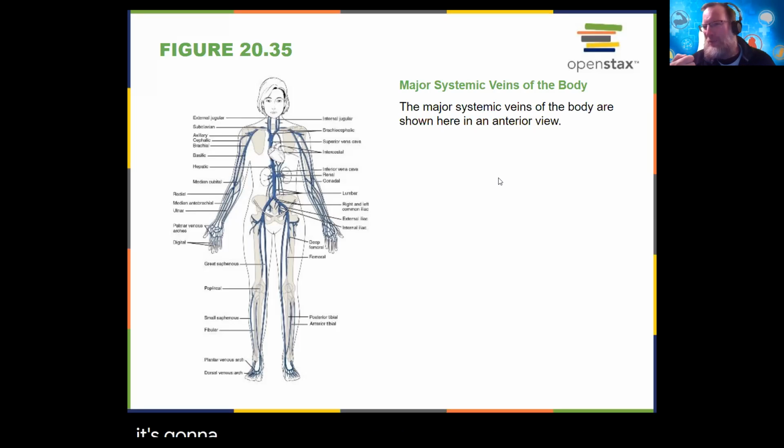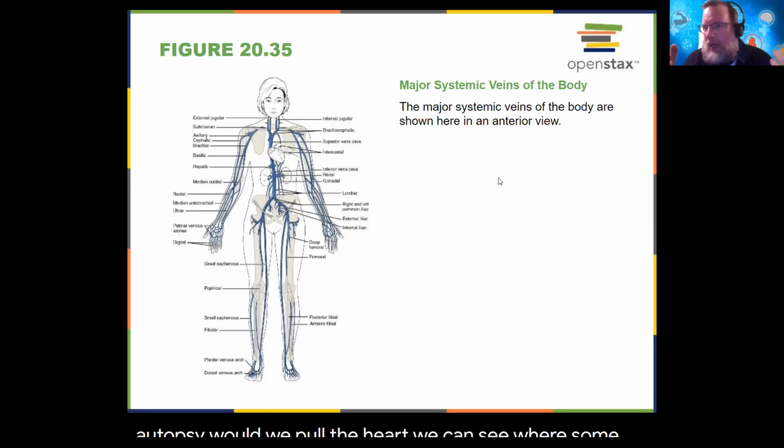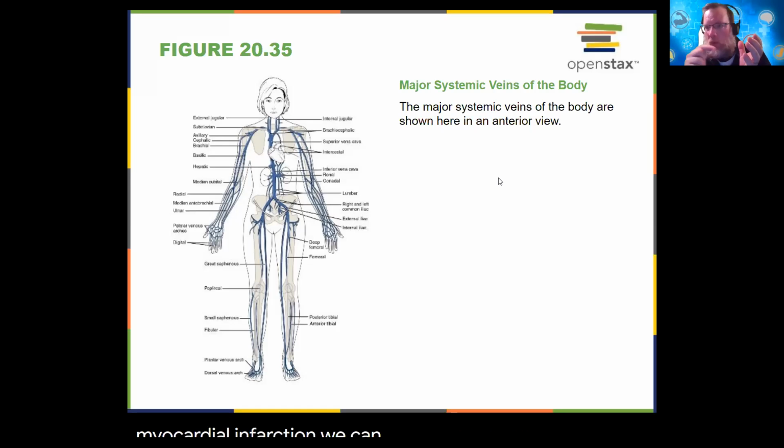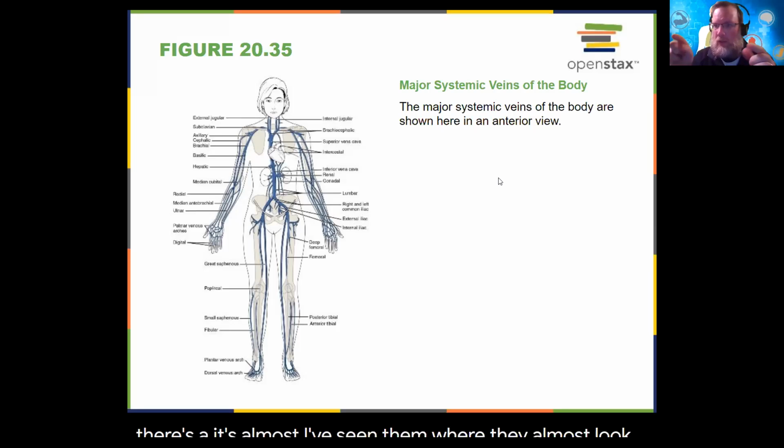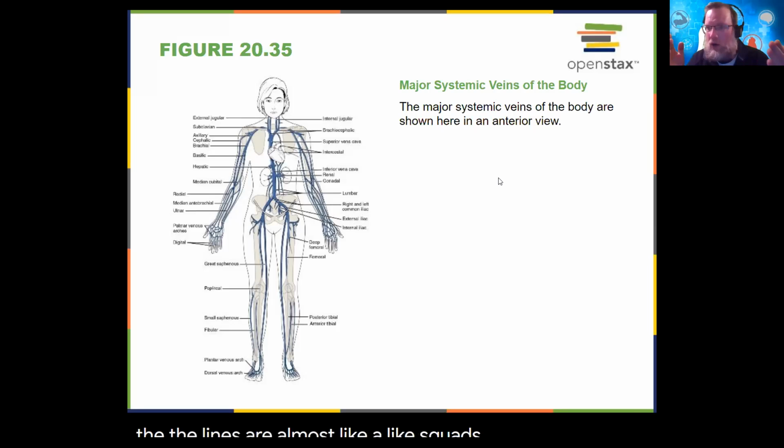On a heart, it's going to appear bright white, actually. So in an autopsy, when we pull the heart, we can see where someone's had a heart attack, or an infarct, myocardial infarction. We can see it in the muscle, because heart muscle is extremely red, right, because of all of the oxygen it needs, because it works so hard. I've seen them where the lines are almost square, almost right angled. It's wild.